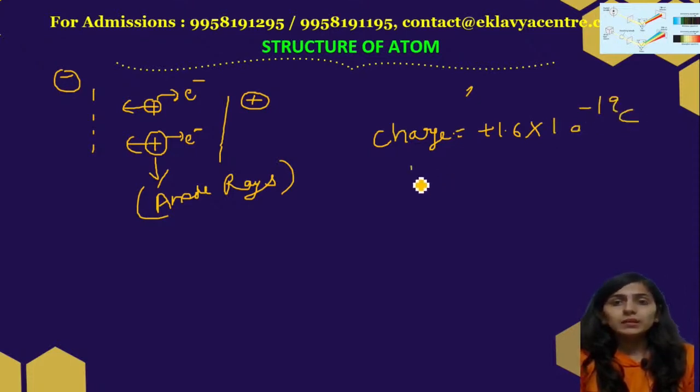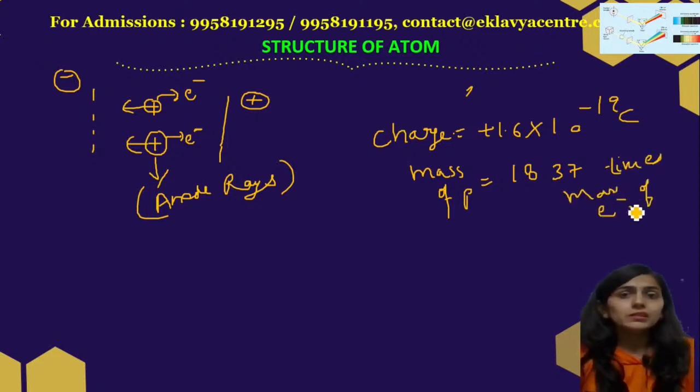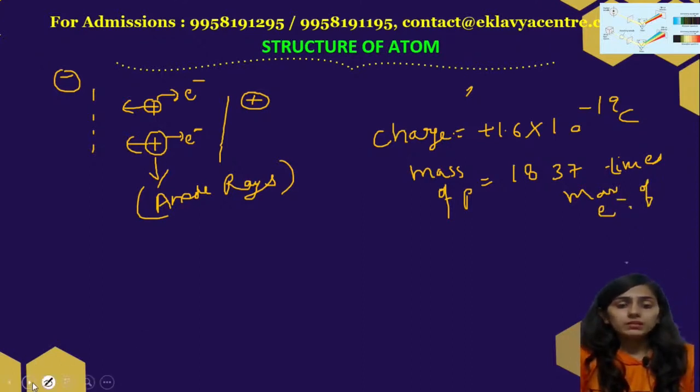The mass of the proton is around 1837 times the mass of the electron. This means the proton is much heavier as compared to the electron, right beta?